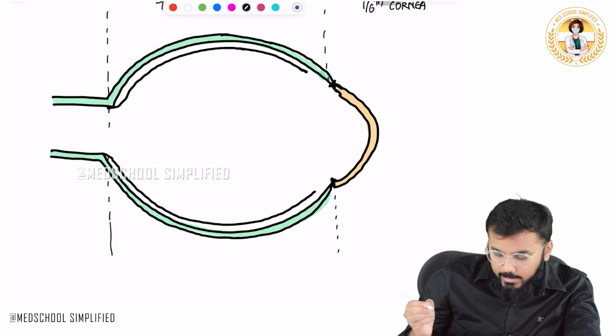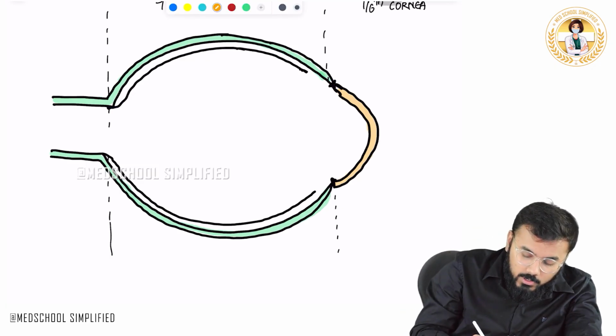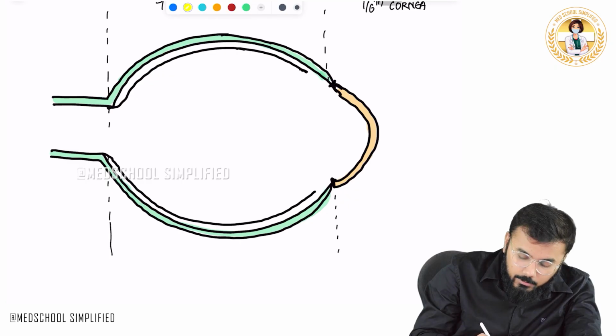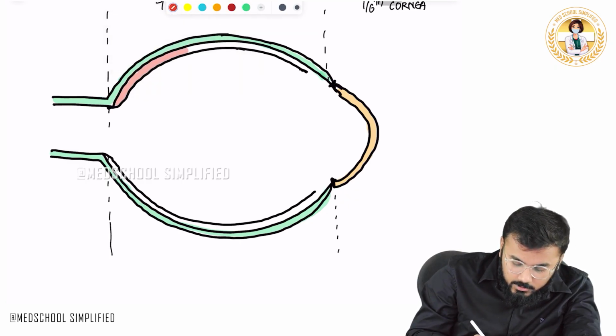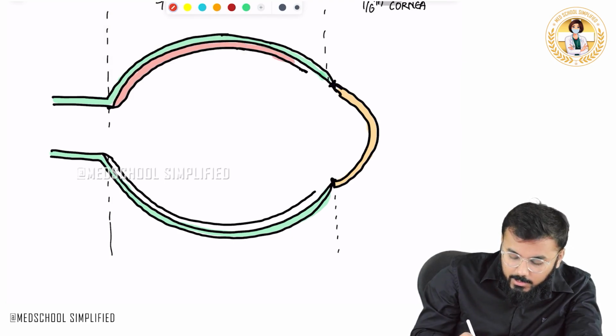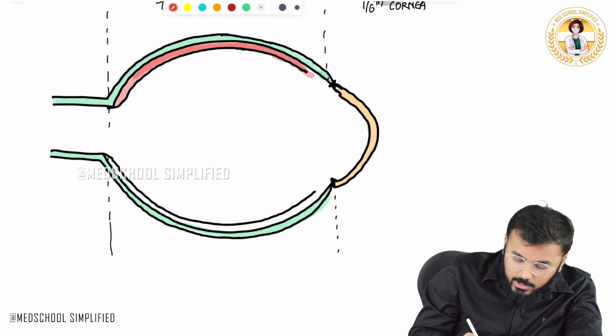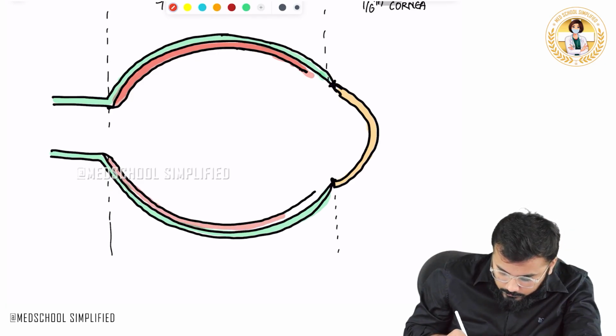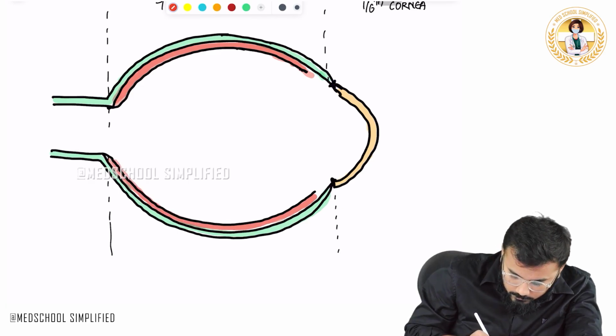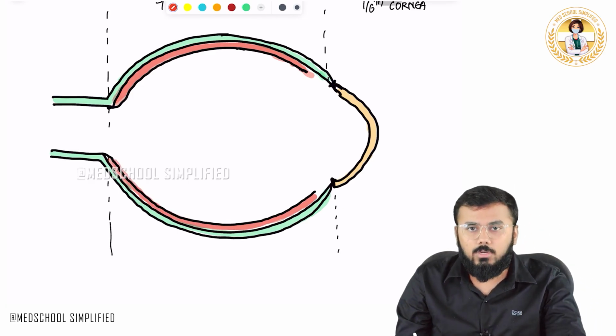So what is this choroid? Choroid is nothing but a purely vascular layer. You see this red color shading, whatever I am doing right now, this vascular layer is called as your choroid.